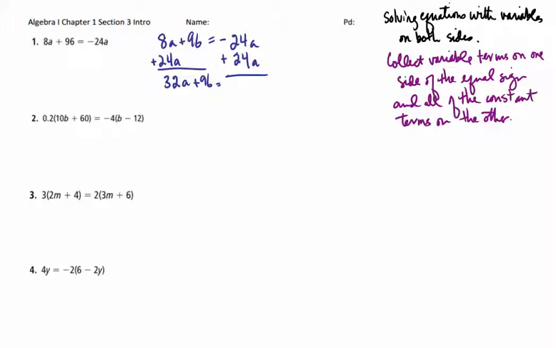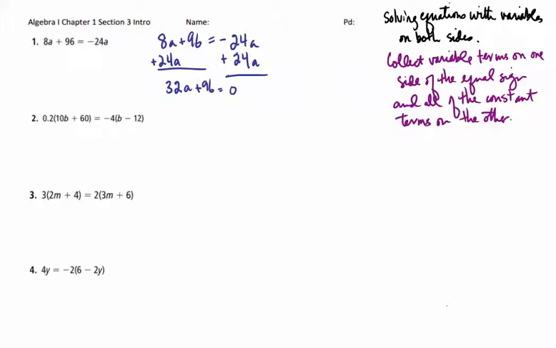It looks like there's nothing there, but in fact negative 24a plus 24a, and whenever we add two opposites together, we're always going to get a 0. So it's okay, just because there's nothing there doesn't mean there's nothing there. Actually, there's a 0 over there.